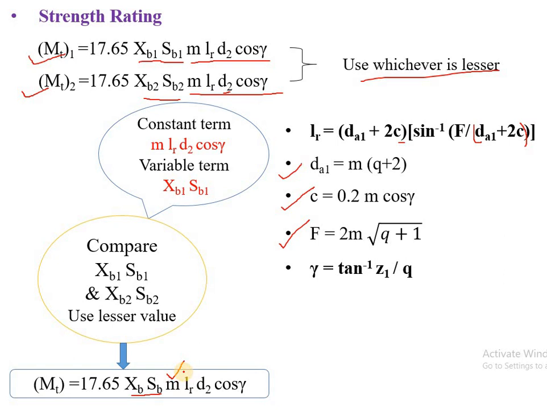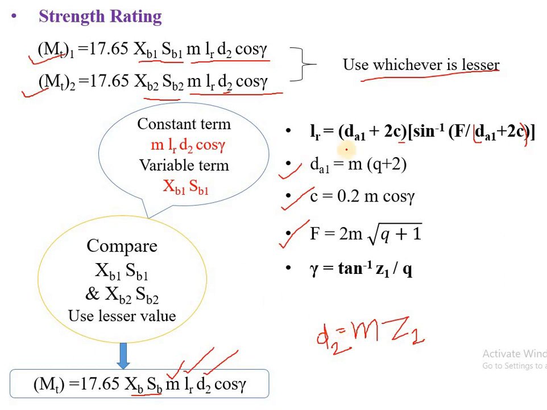And once you have found LR, you know D2. What is the formula for D2? That is given by M into Z2.